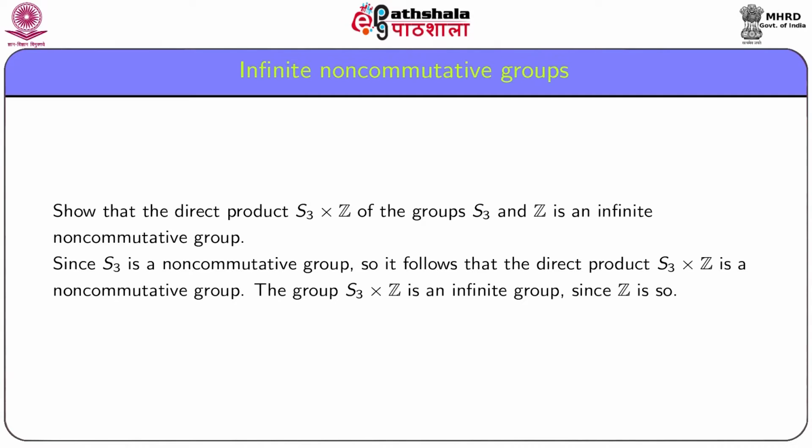Thus, we blend the non-commutativity of S3 and the infiniteness of Z together in the group S3 cross Z, and we have an example of an infinite non-commutative group. Similarly, using the finite non-commutative group S3 and any infinite group, you can get a new infinite non-commutative group.